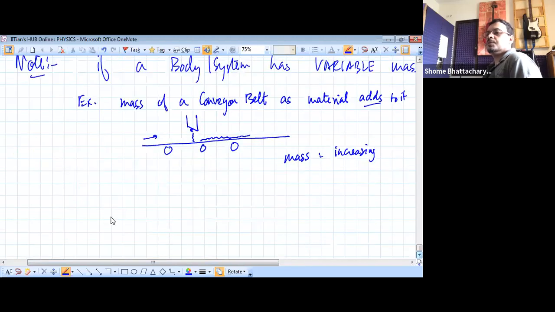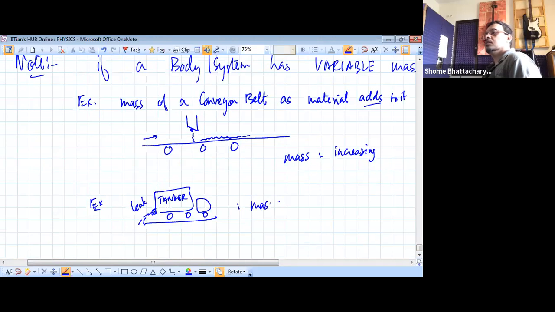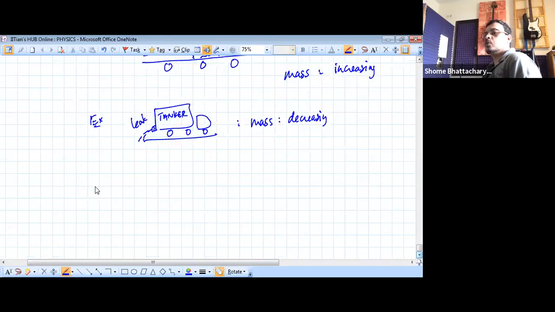Or you have an example where you have a tanker with a leakage. Okay. So what is happening? Its mass is decreasing with time. Or you have the concept of rocket propulsion.